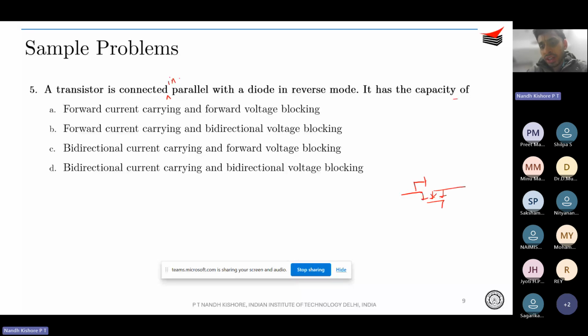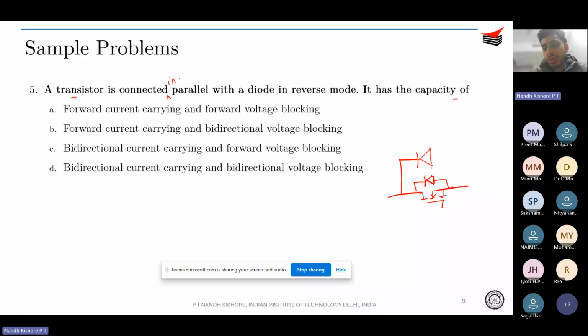So it inherently has a body diode. They have not specified that, so we will see whether it fits into one of the options or not. They haven't mentioned what kind of transistor this is. It can be a MOSFET or a BJT as well, right? So it is connected in parallel with a diode in reverse mode.